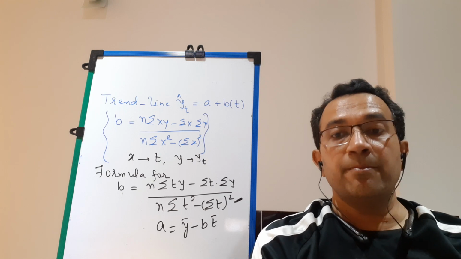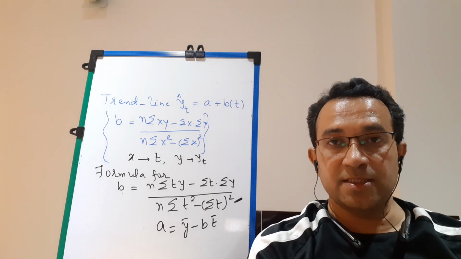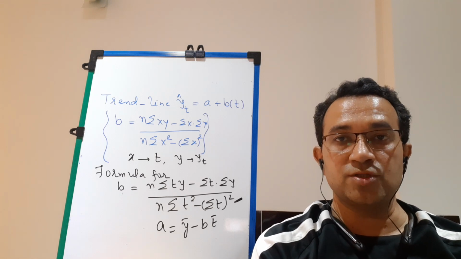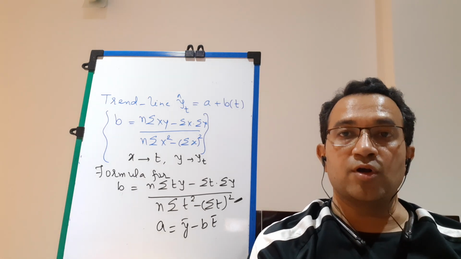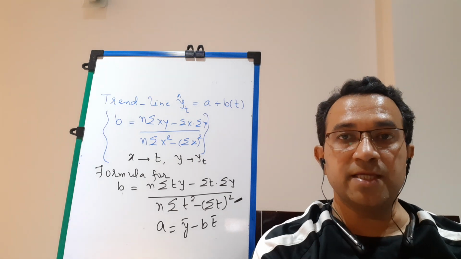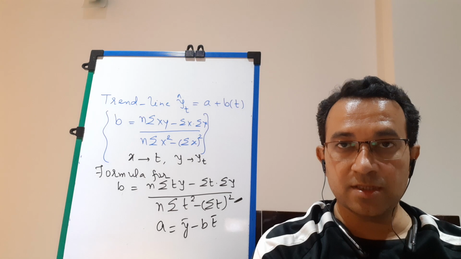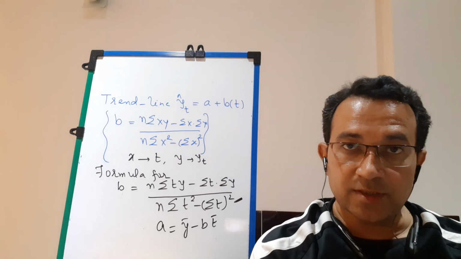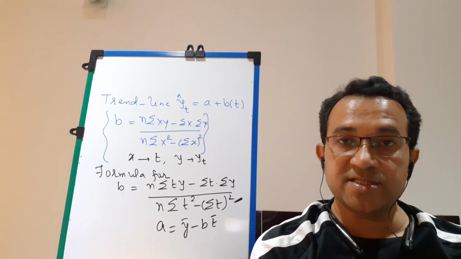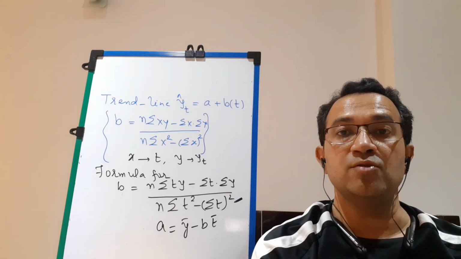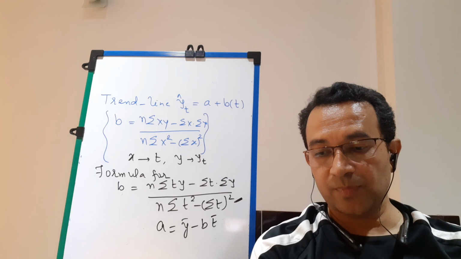So the three merits are: this method is mathematical, hence it is perfect and universal, it may not change from person to person. For all given values of t, we can find the estimates of y1 cap, y2 cap, y3 cap from the trend line equation, and this equation helps us to estimate the values of y for intermediate or in-between values of time period t.